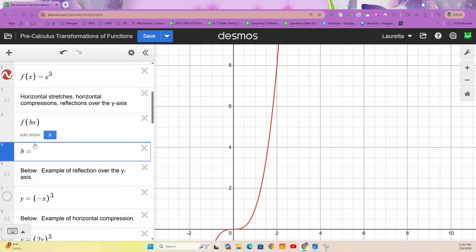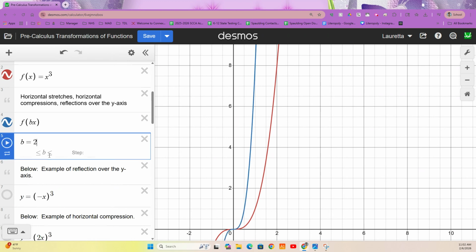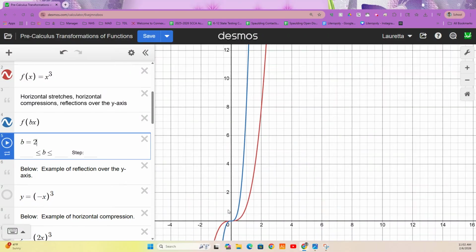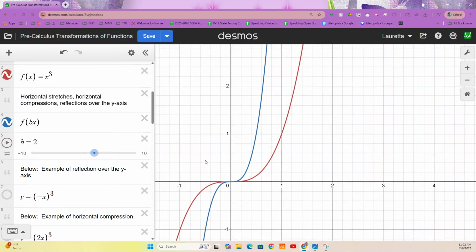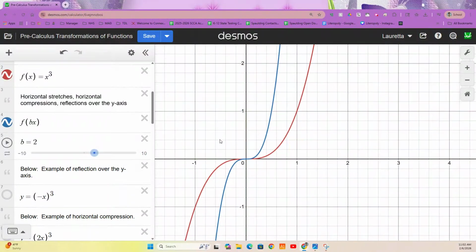Now, if the absolute value of b is greater than 1, then you get a horizontal compression. So let's say that b equals 2. So you can see in blue, we have a horizontal compression, in this case by a factor of 1/2.